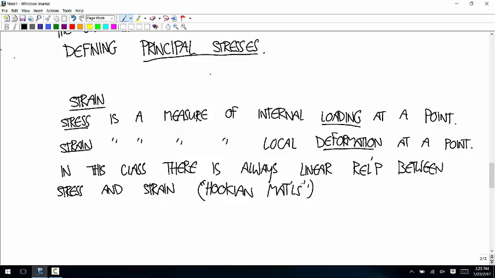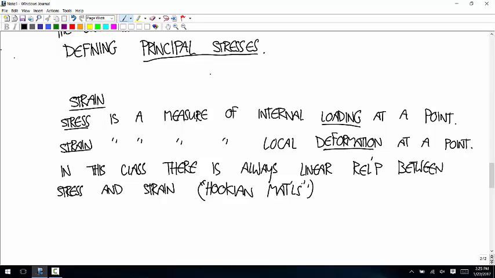That's because of the linear relationship between loading and deformation that you have in springs, called Hooke's law. It's going to be more complicated because instead of a single constant of proportionality, we're going to have a matrix of proportionality, but it's going to be a constant matrix, so we call it Hookean.